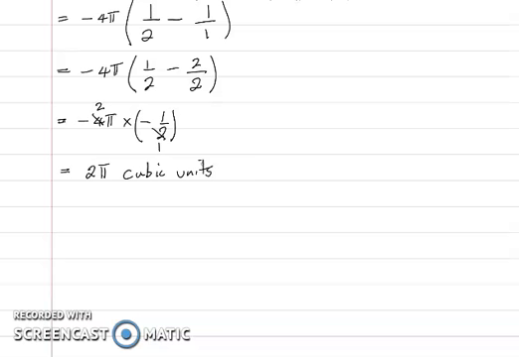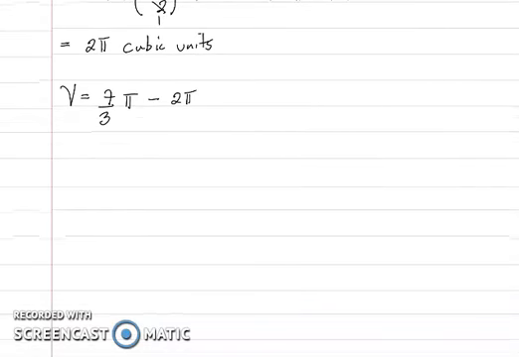All right, so the final thing that we have to do is subtract. The first integral gave us 7 over 3 pi. So the volume that is generated by the area enclosed by the two curves would be equal to 7 over 3 pi minus 2 pi.